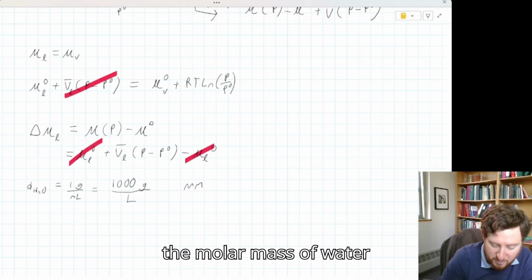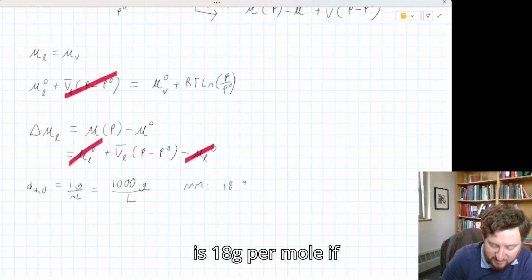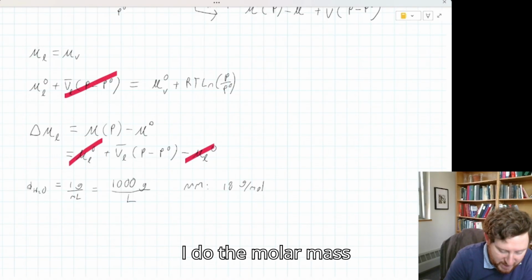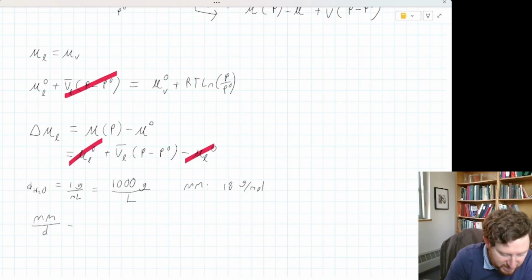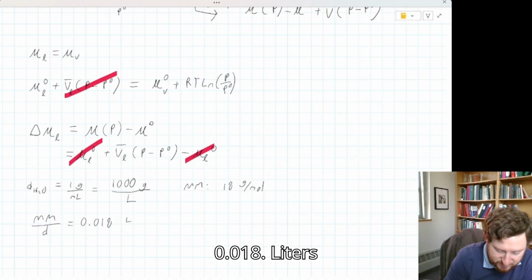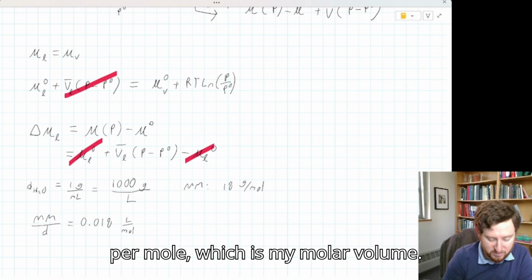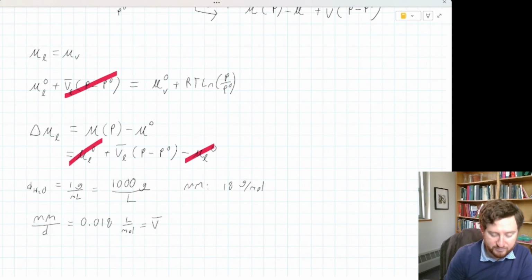The molar mass of water is 18 grams per mole. If I do the molar mass divided by the density, then I get 0.018 liters per mole, which is my molar volume.